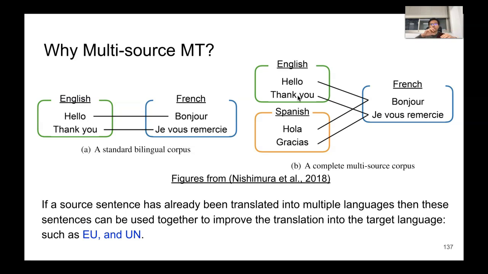In this case, the previously translated French sentences can be used to assist the translation from English to Spanish. This scenario exists not just in the United Nations, but also in the EU. We're first going to look at the case where we have a complete multi-source corpus, and how to improve the translation by using this multi-source corpus.